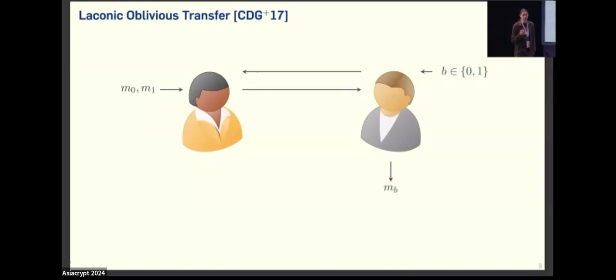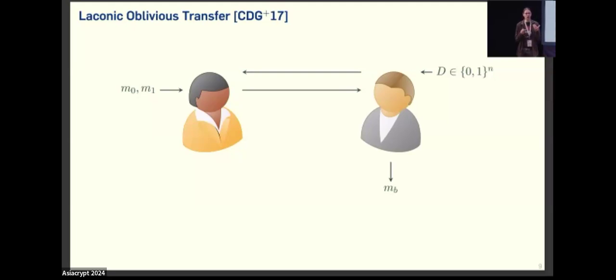Now, what makes an oblivious transfer laconic? Well, in a laconic oblivious transfer, Bob does not just have one choice bit, but from the very beginning, he has a large database of many choice bits that he basically commits to in his first message using a short digest.